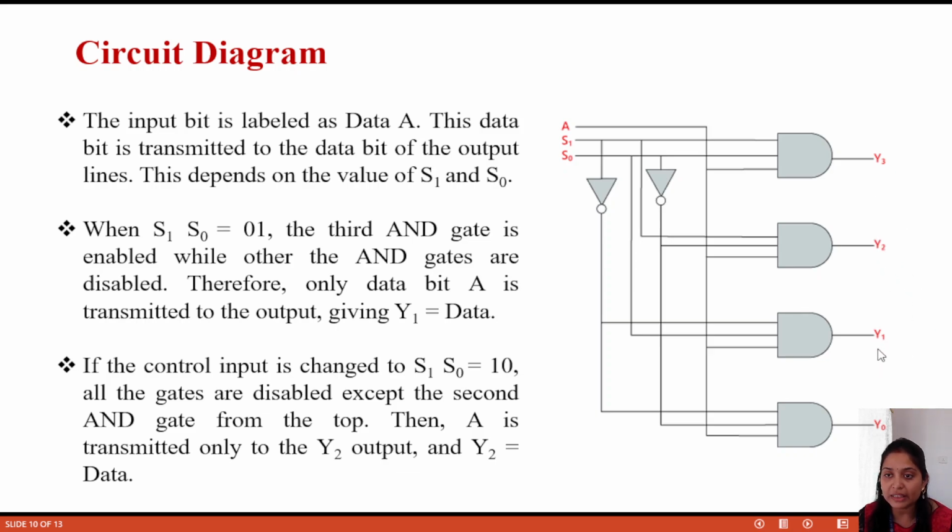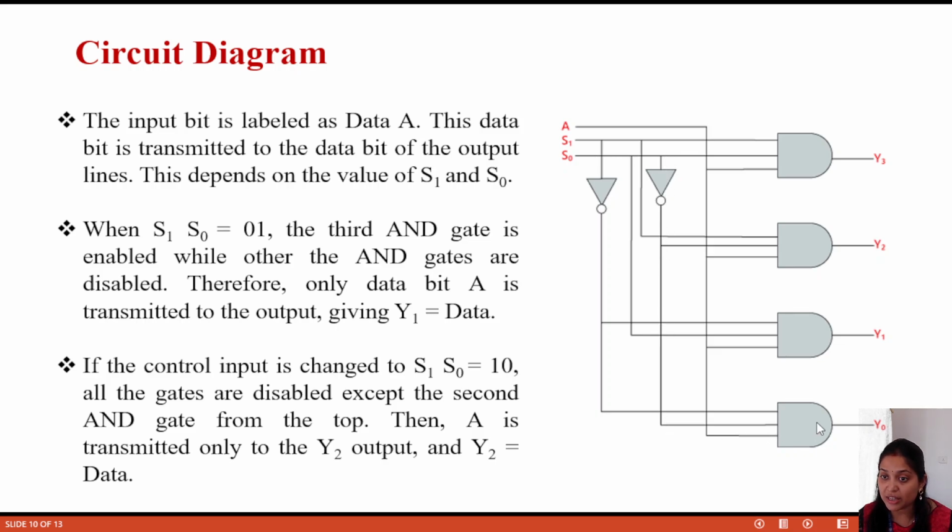Only from y1 we will get the output. Now consider this one again. This line is connected to A, and this line is connected to the NOT gate, that means S0 bar. At that moment S0 is 1, so passing through NOT it is 0.